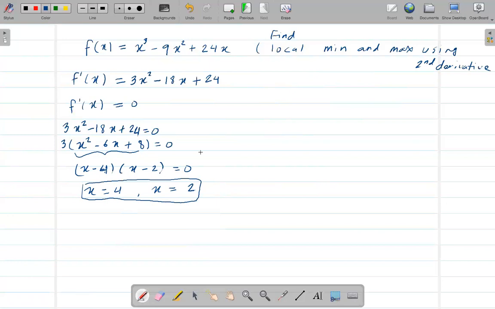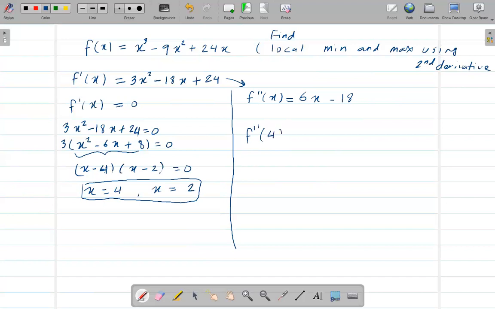So now using these two, first let's find f double prime. Using this, I can find f double prime of x, which is 6x minus 18. Once you get the f double prime, I have to take these two critical numbers and plug them into the double prime.